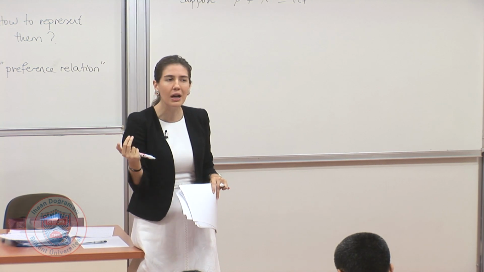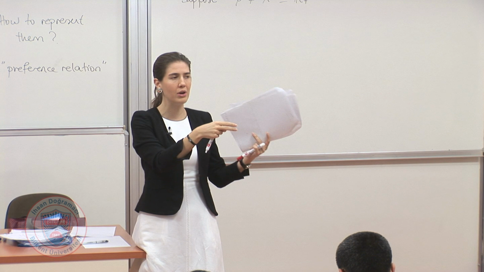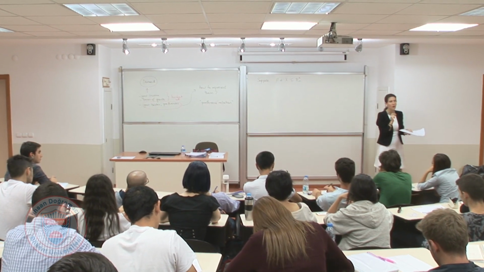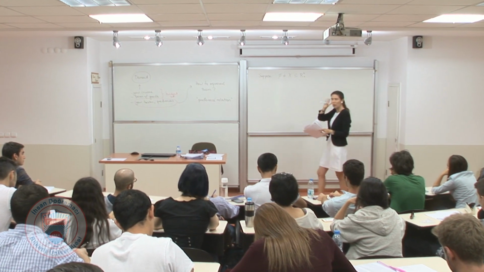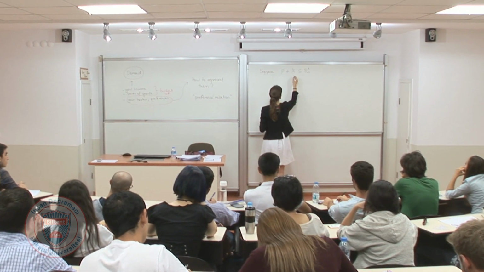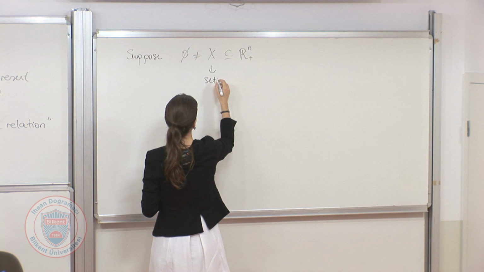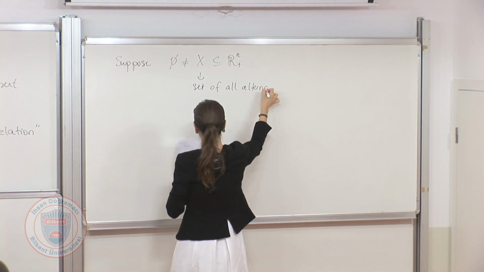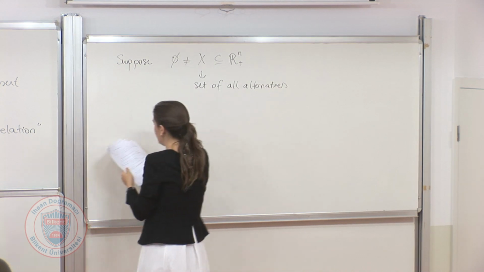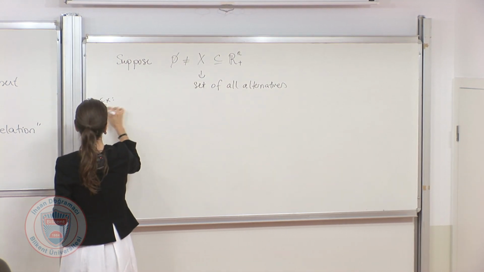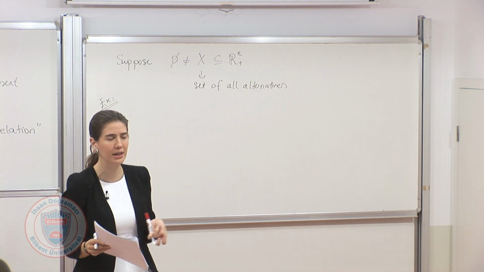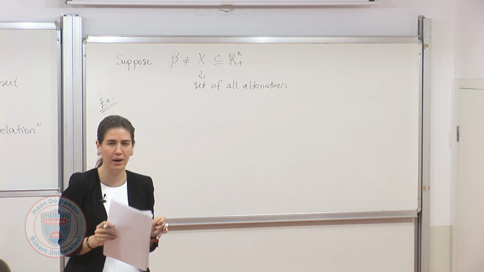If it's only R, it means your bundle consists of a single good. Suppose this X is the set of all alternatives. Let me give an example. Again, we should always be able to explain everything in math to our grandma, right?